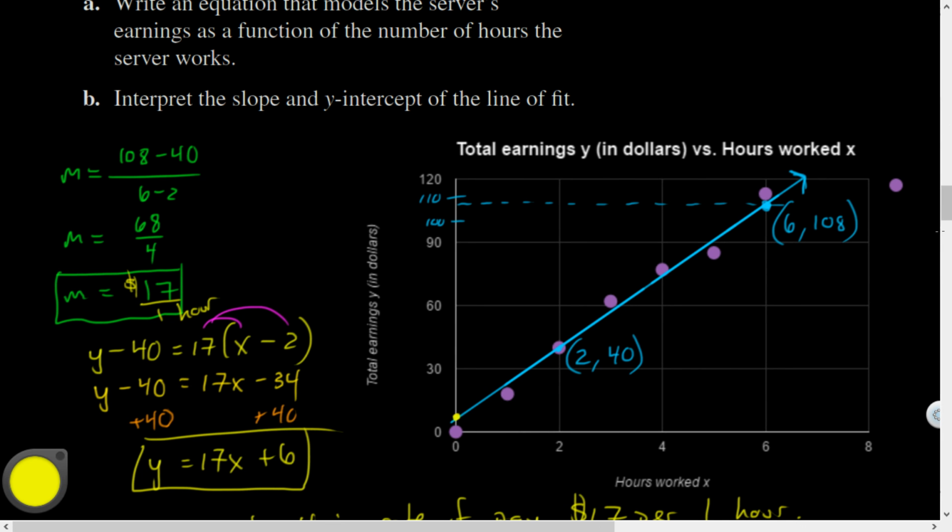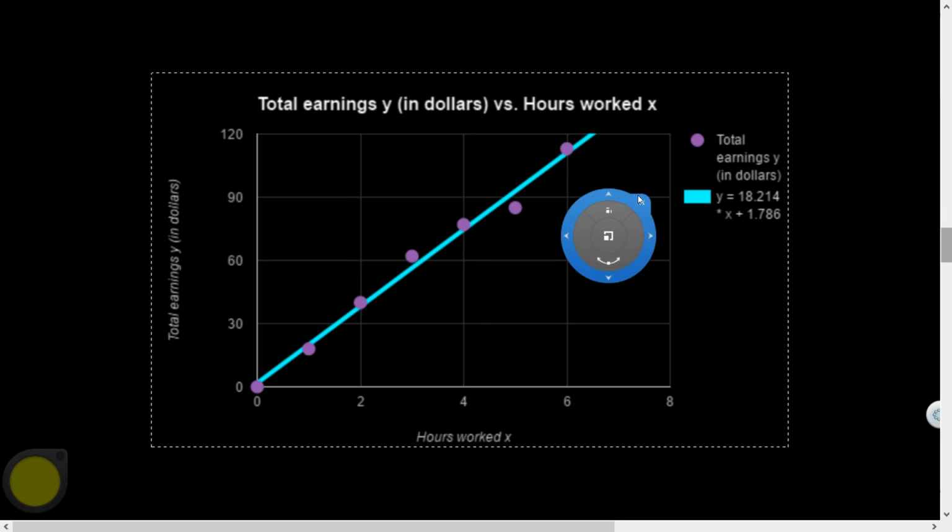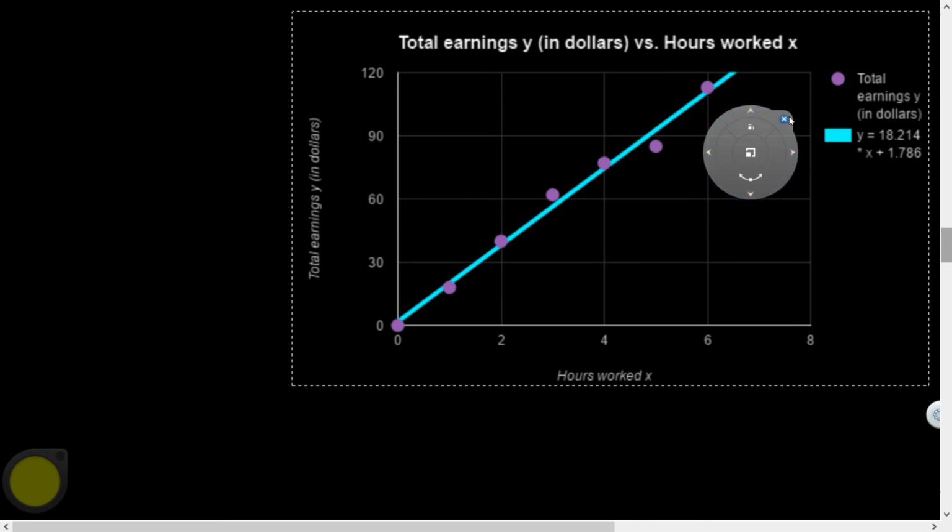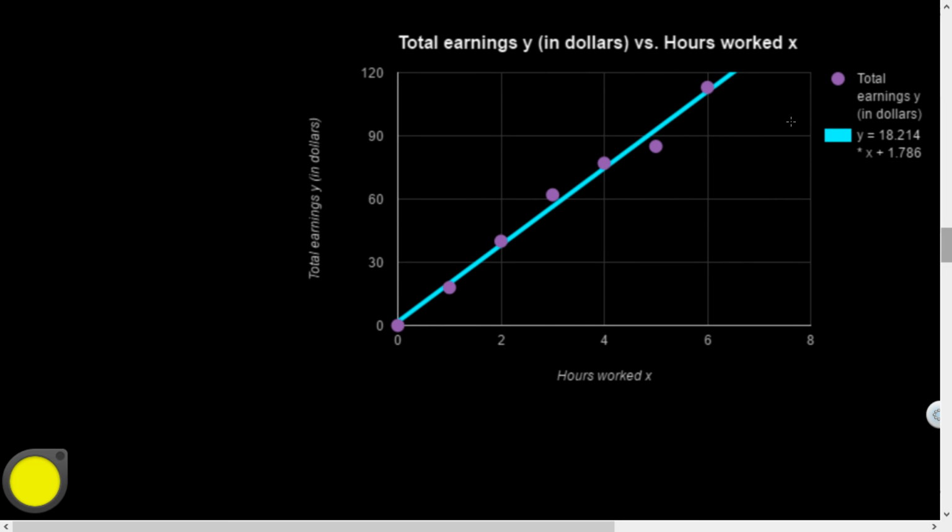I'll just put their line down here for a second. What is the equation of their line? Here's the equation of their line: y equals 18.214x plus 1.786. What is the slope of their line? Yeah, 18.214.